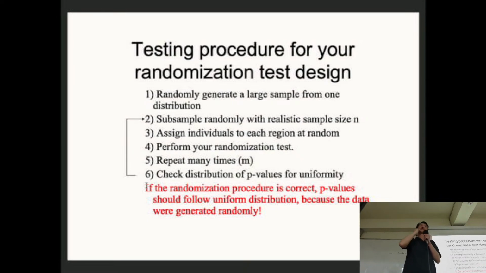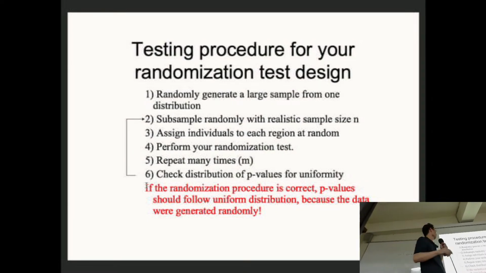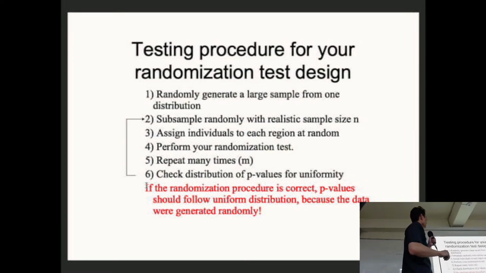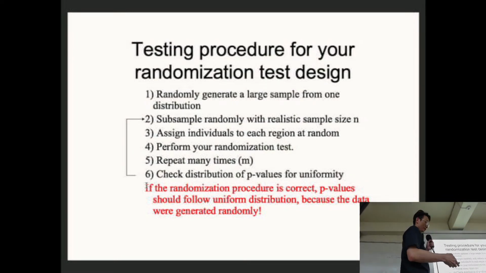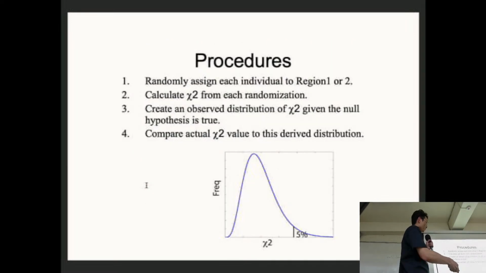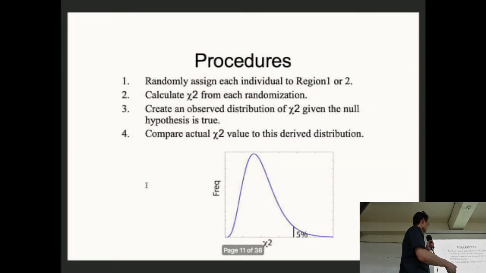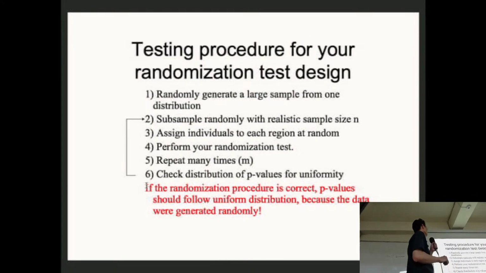But anyway, you just want to test the procedure. And this example is this one. So let's say I subsample randomly with this sample size, and then I assign individuals to each region at random, and I do a randomization test.